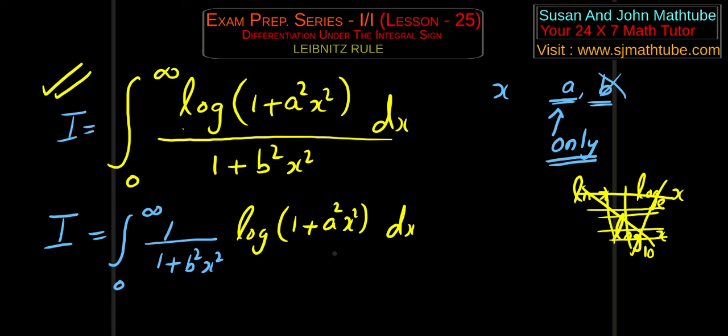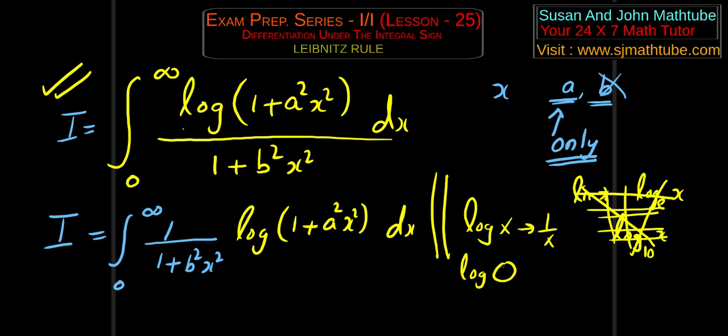Yeah. Now tell me, what is the derivative of log x? Of course, 1 by x. What is the derivative of log of something? Of course, 1 by that something, times the derivative of that something. So, are you ready to differentiate with respect to a? Yeah.